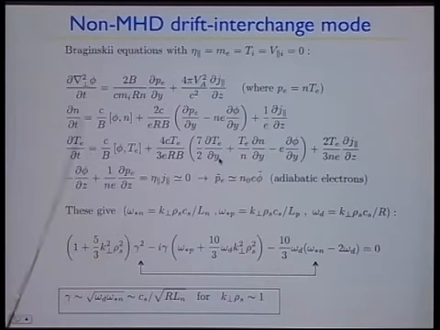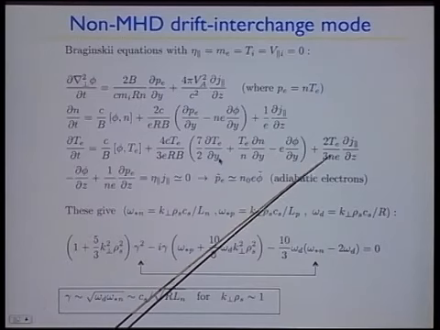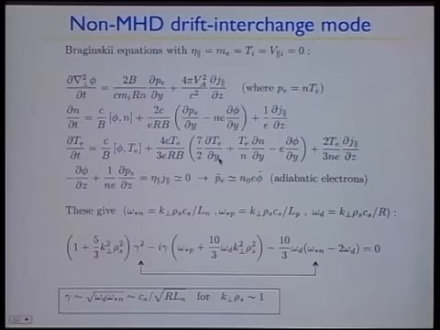In the density equation, one has to take into account compressibility terms, as well as in the temperature equation, as well as parallel streaming, and Ohm's law gives adiabatic electrons. So if we sum up everything, we get a quadratic dispersion relation with a growth rate that is about the ideal growth rate, but which occurs at k_perp rho_s of order 1.